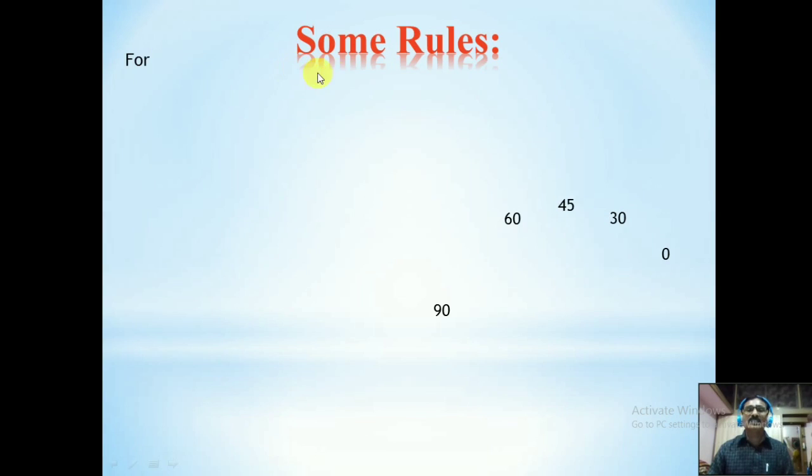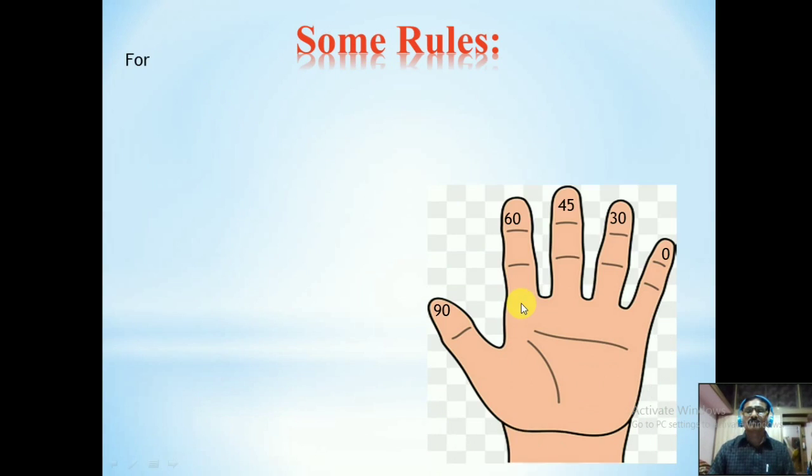Now we see some rules. For sine ratio, first we see how to count fingers. Suppose this is 45 degree. Then in clockwise direction, there are 2 fingers, and in anti-clockwise direction, there are 2 fingers.